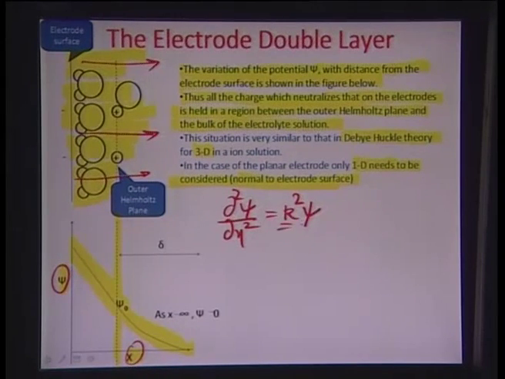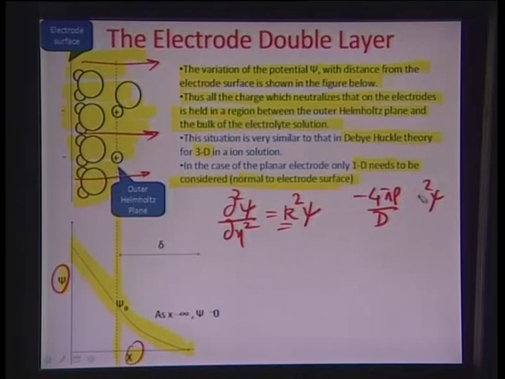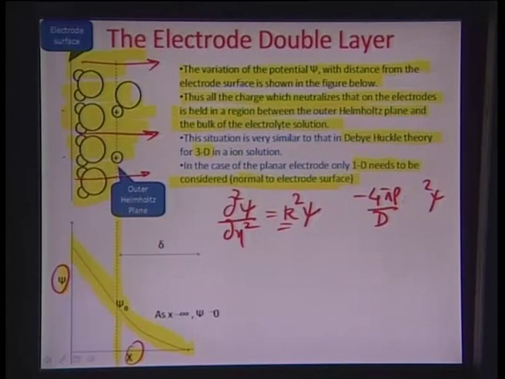If you remember, this was essentially also minus 4 pi rho by d, and this was equal to k square psi. This is something I am borrowing from the earlier Debye-Huckel equation that we just about solved in the last few lectures. This is the square of k.